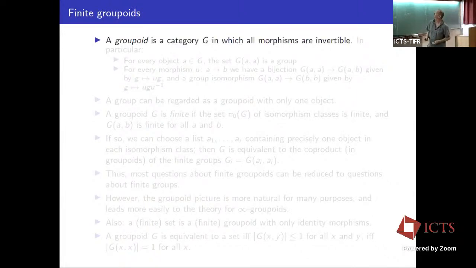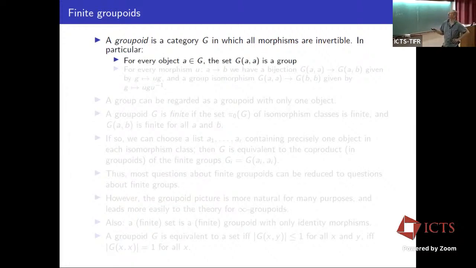Okay, so remind ourselves of our basic definitions. A groupoid is a category in which all morphisms are invertible. Typically, objects will be called small letters like A. So object A, and then G(A,A), the morphisms from A to A in the category, that's going to be a group because everything's invertible.